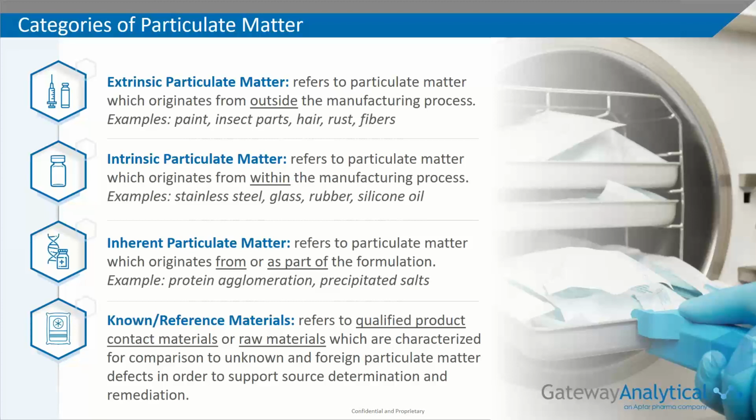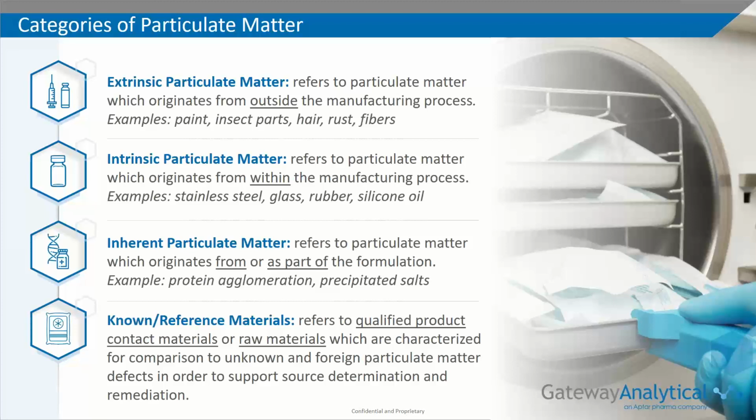Intrinsic particulate matter are things that are within the manufacturing process that we expect to see in the process. Stainless steel, glass, rubber, silicone. These are things that are very common to the process and things that again, we not only can identify something as stainless steel, but the various types of stainless steel, or various types of glass, or various types of rubber. But all of these types of things would be in a known portion of an analytical particle ID database.